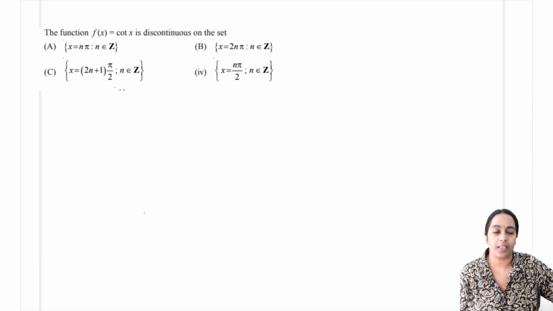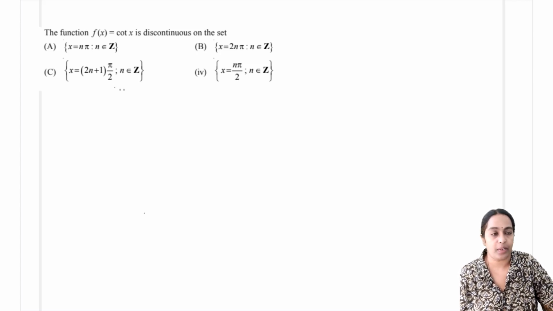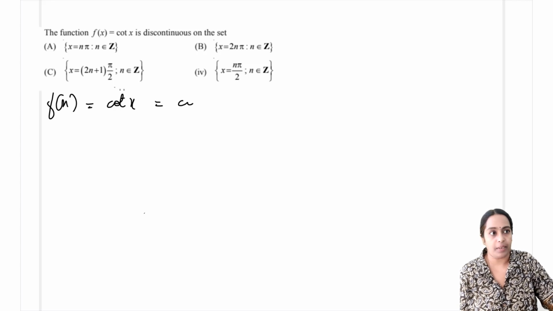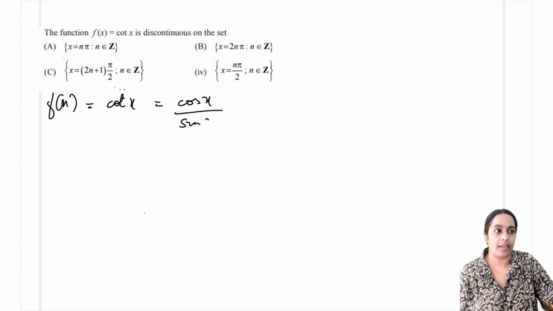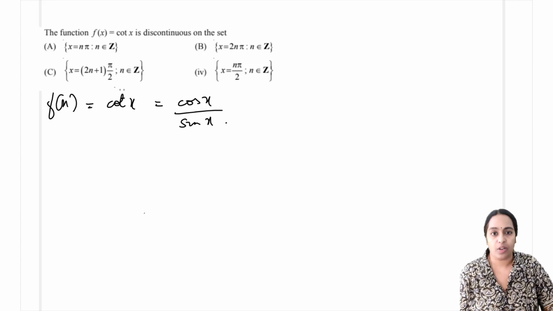The question says the function f of x is cot x is discontinuous on the set. Okay. Now the given function is cot x. Cot x can be written as cos x divided by sin x. Cos x is a trigonometry function, sin x is a trigonometry function, they are continuous.